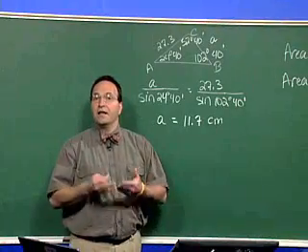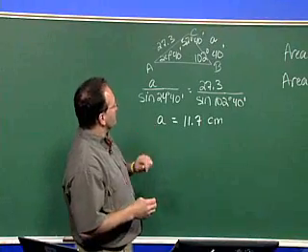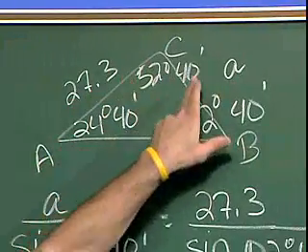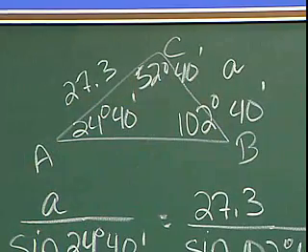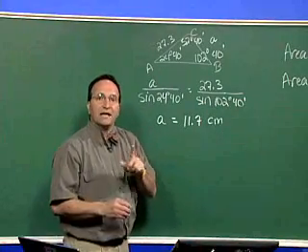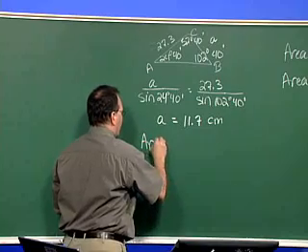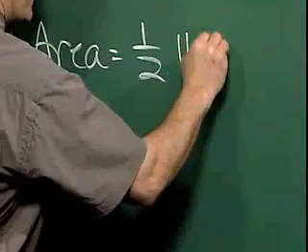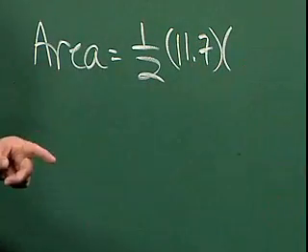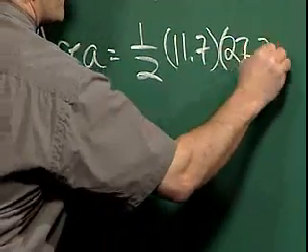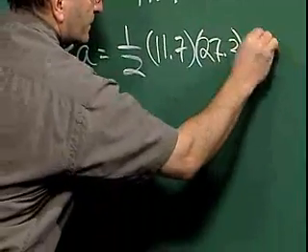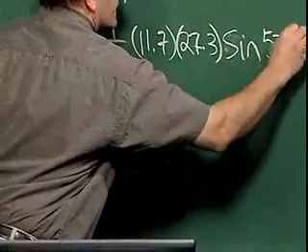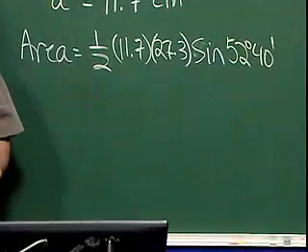So now we can find the area because we have two sides and the angle between them. So we would set it up as the area equals 1/2 side A, 11.7, times side B, 27.3, times the sine of angle C, 52 degrees 40 minutes.